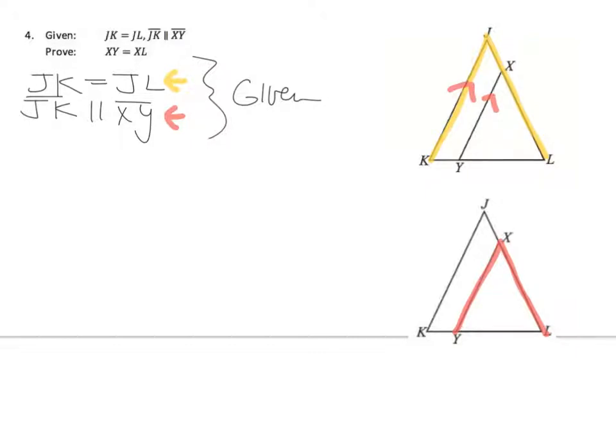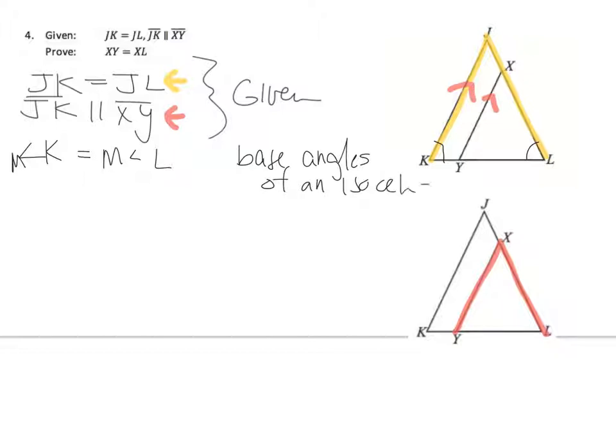Let's look at the yellow triangle up here. If those two sides are congruent, then we know the base angles are congruent. So I have angle K and angle L, because they're base angles of an isosceles triangle. Cool.